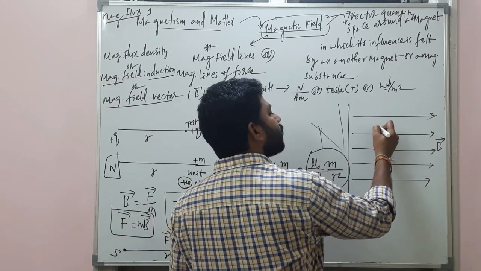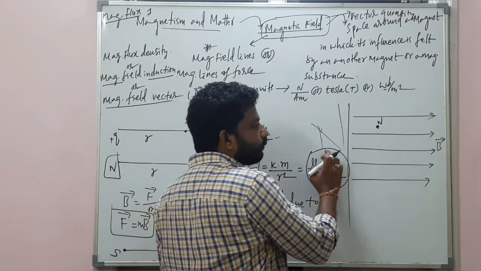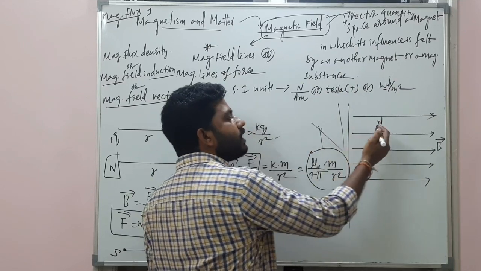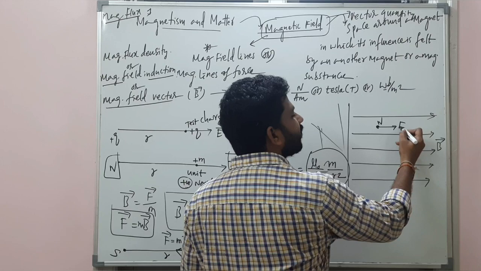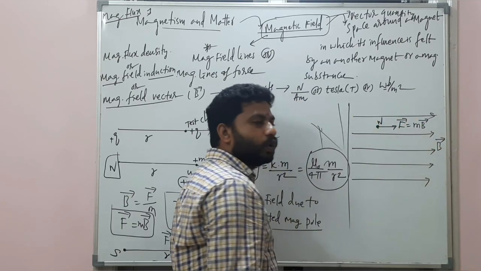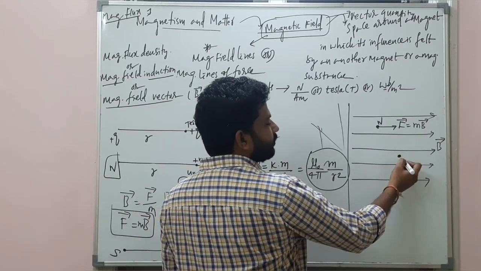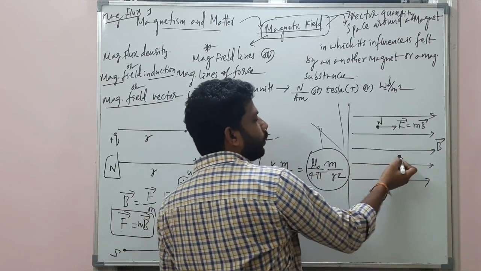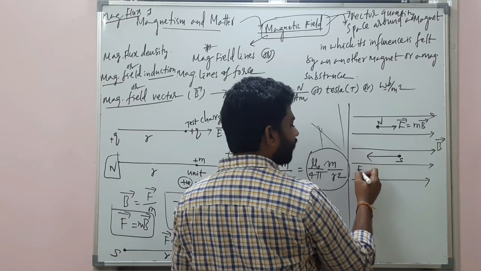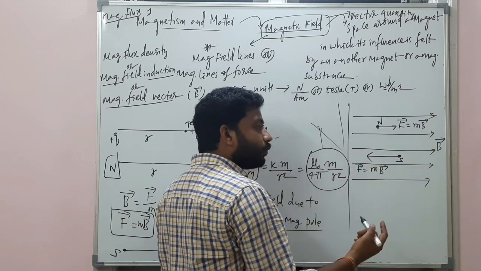Imagine a small north pole is placed here. The north pole of the huge external magnet will repel this with a force F bar is equal to M into B bar, where M is the pole strength of this. If a south pole is placed here, this north pole will attract the south pole with the same force, F bar is equal to M into B bar.